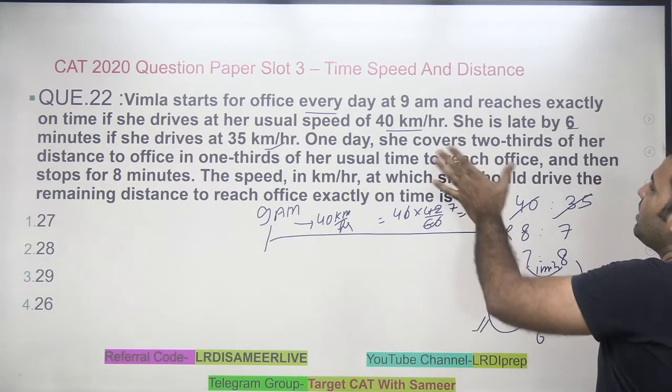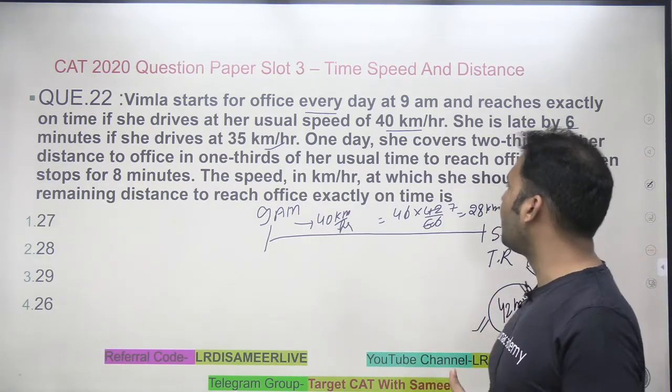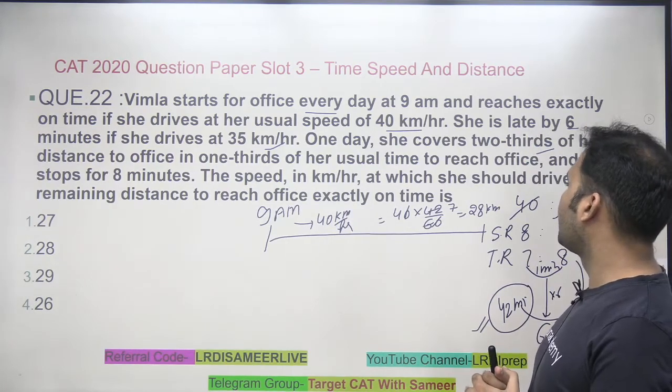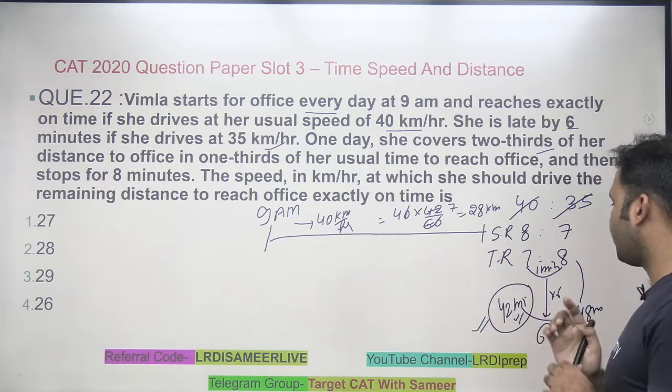Now, on a particular day, she covered 2/3 of her distance to office in 1/3 of her usual time. All right. The total time she takes to reach the office is 42 minutes.